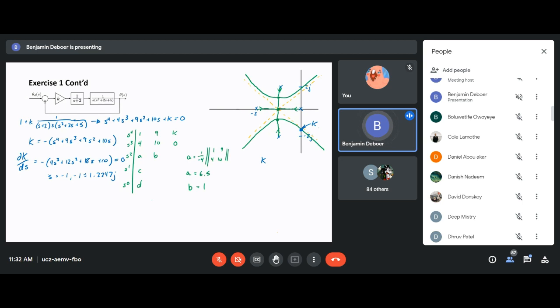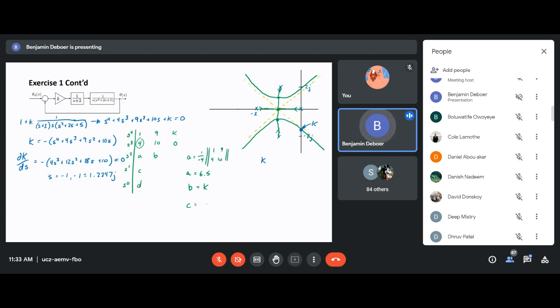B is simply going to be K. Essentially, you're dividing by negative 4, and you have 1 times 0 minus 4 times K, so it just turns out to be K. It's super simple that way.